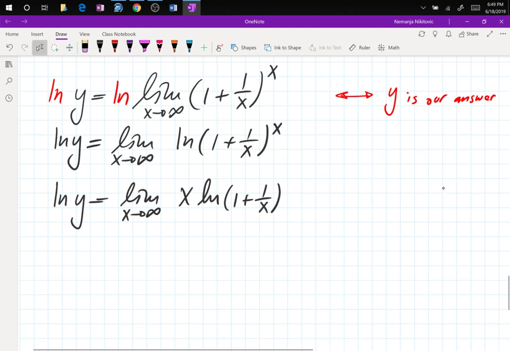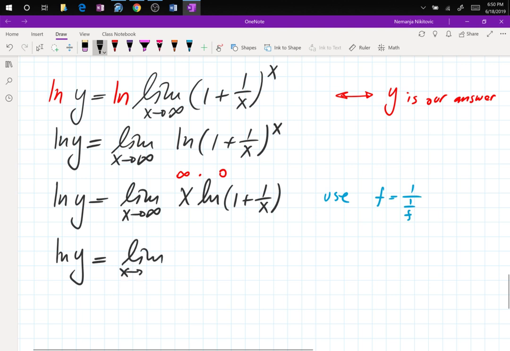So now, plug in infinity, and you get infinity times 0, right? ln of 1 is 0. So infinity times 0. So we get to use f equals 1 over 1 over f. So ln y is equal to the limit x goes to infinity.